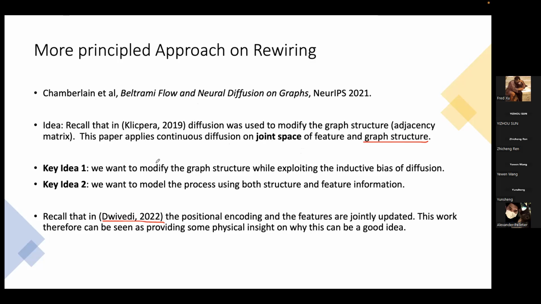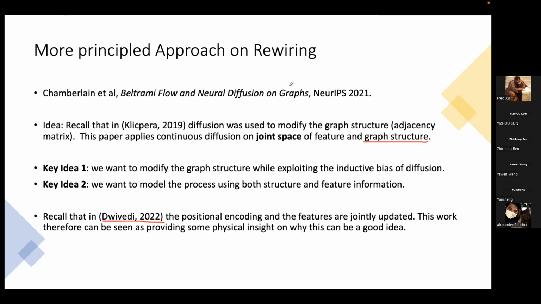So the key idea is that we want to modify the graph structure while exploiting diffusion as an inductive bias, and then we want to model both the structure and the feature information.